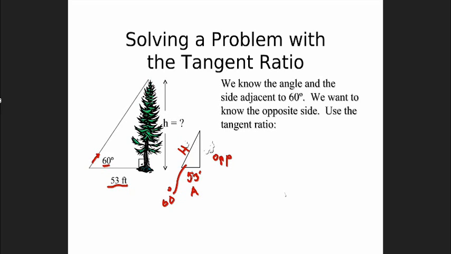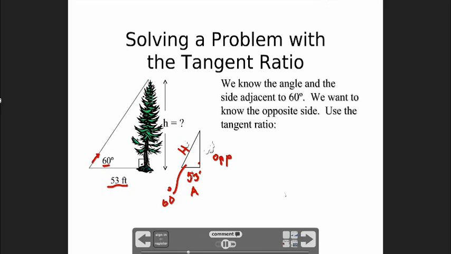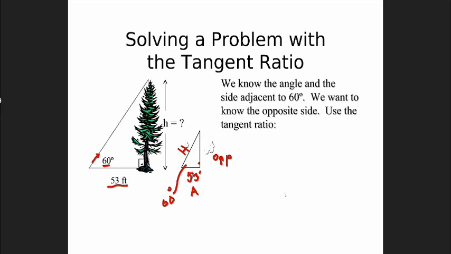So we know two things. And plus the 90. I didn't mention the 90, but I'm just going to put a dot. You know the 90's there. So we have an angle and a 53. Let's write down what we have. We know our angle, and sometimes you'll see me do this in class. Kind of looks like an angle, doesn't it? Our angle is 60.